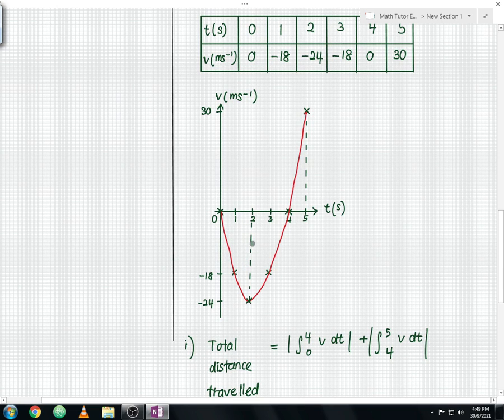You can ask me, why are you not including the 2 over here? The answer is very simple. At time equal to 2 seconds, the particle is experiencing a turning point, which in this case means your particle is moving in a reverse direction, starting to change its direction. So the velocity of the particle is not decreasing at time equal to 2 seconds.